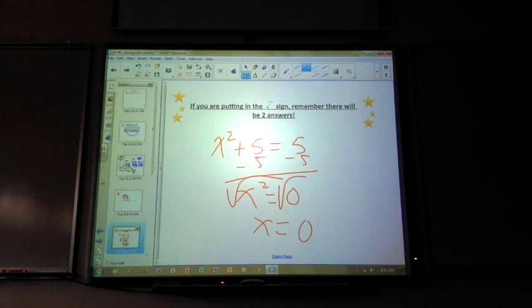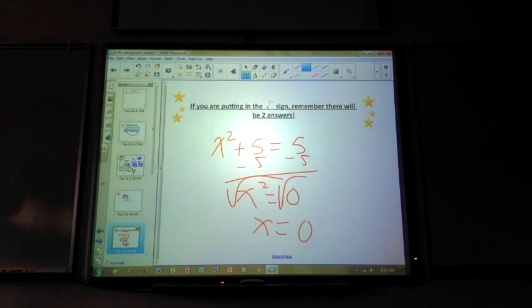Technically, is it wrong in this class? No. Would a later math class say don't put that? Yes. So plus or minus 0 is just 0. 0 is signless. It's not positive nor negative. It is the fulcrum in between the positives and the negatives, but it is not a sign itself.